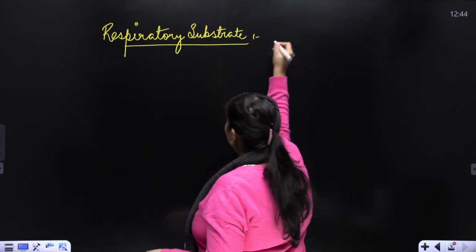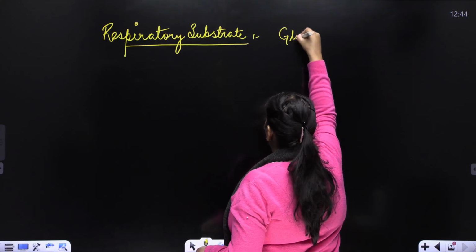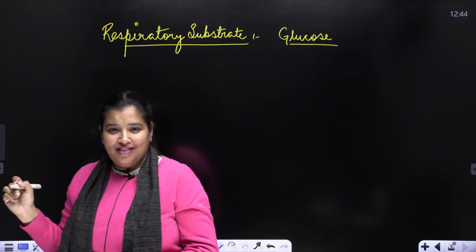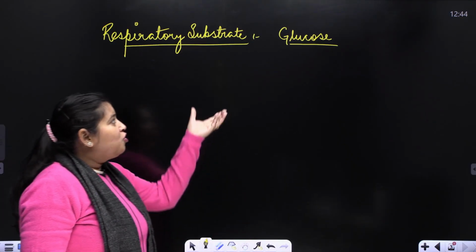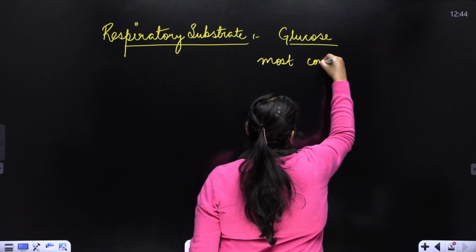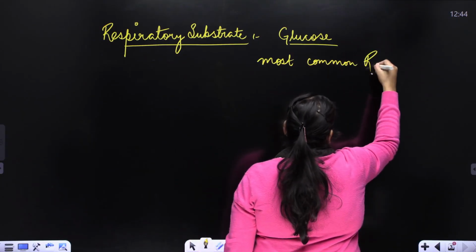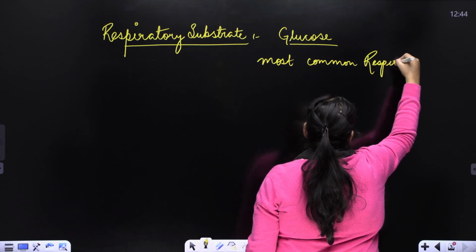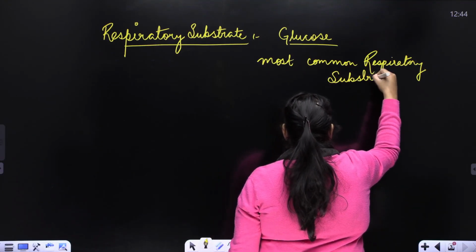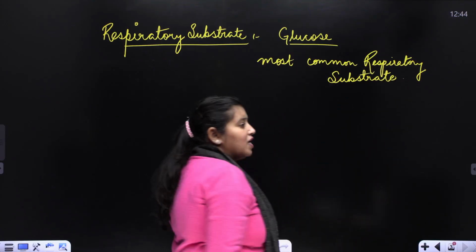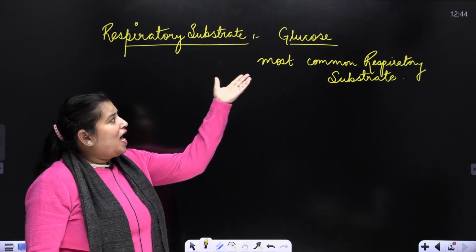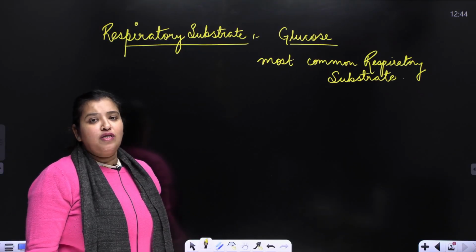The most commonly used respiratory substrate is glucose, because this gives us instant energy. You've already discussed this in the chapter on nutrition. So compounds which give us energy during respiration are respiratory substrates, and glucose is said to be the most common respiratory substrate.